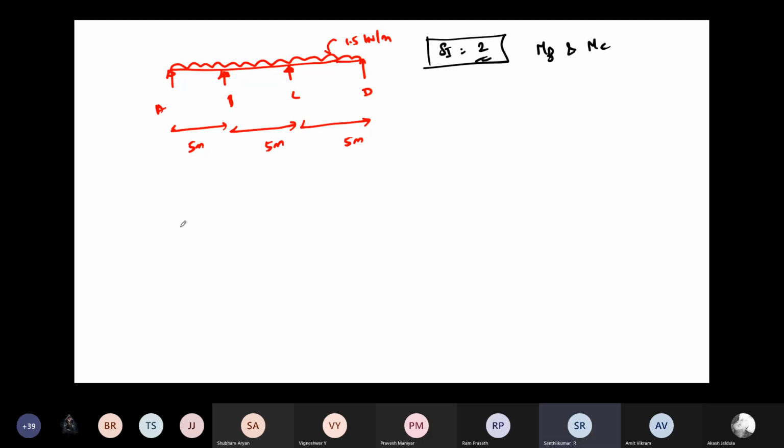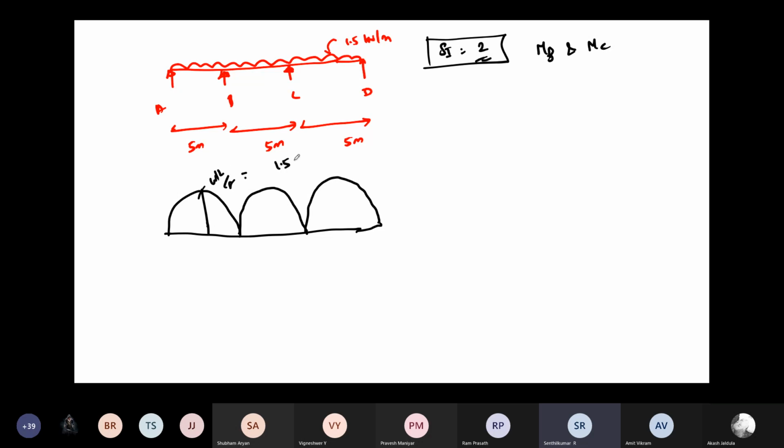Using Clapeyron, first I can easily draw the positive bending moment right here. This is one positive bending moment diagram, 2, 3, because everything is the same, right? Span and everything is the same. Loading also the same. So WL square by 8. All are the same. What is your W? 1.5.